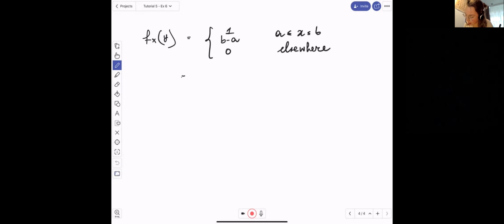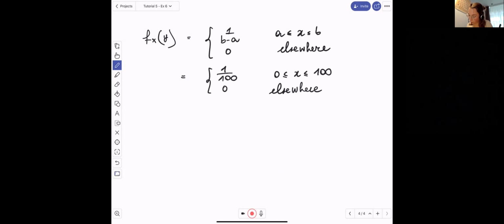So in our case, where a is 0 and b is 100, we get 1 over 100 when x is in between 0 and 100, and 0 elsewhere.